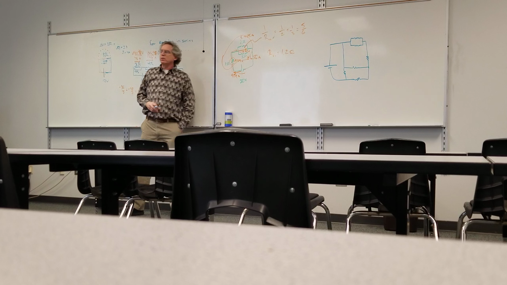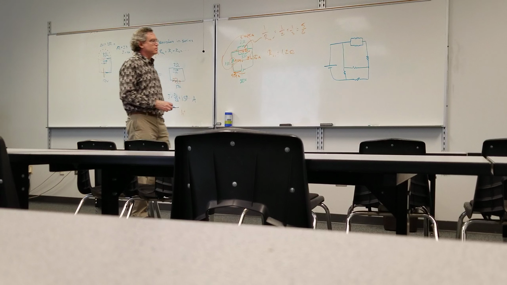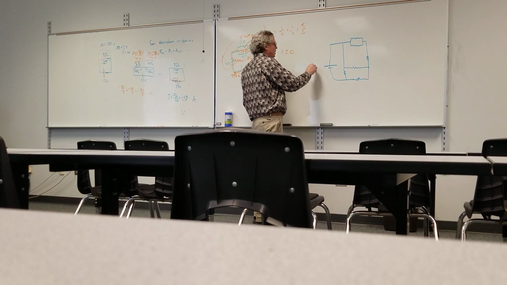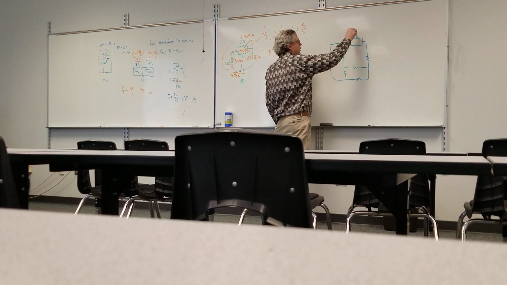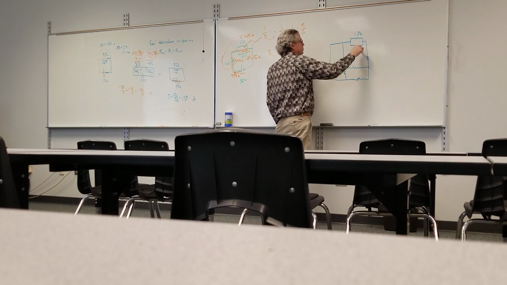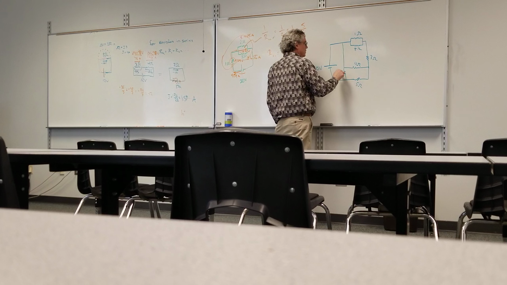What is the current flowing across each resistor? That is the problem. Okay, so that's 20 volts. Which is 1 ohm, 2 ohms, 3 ohms, 4 ohms, 5 ohms, 6 ohms.